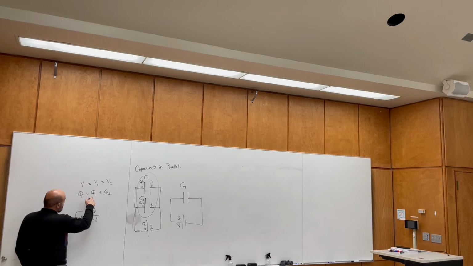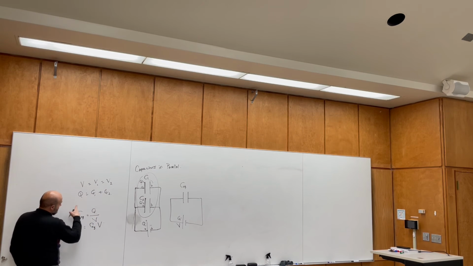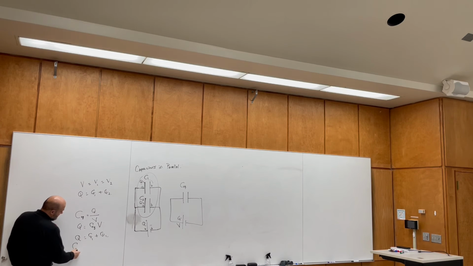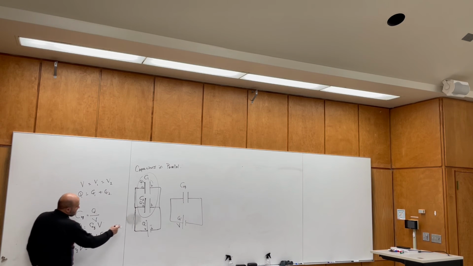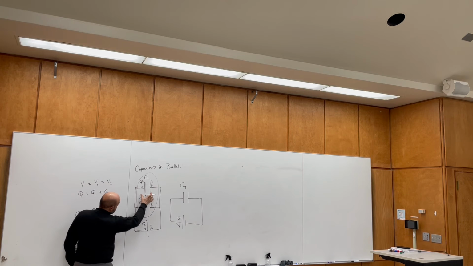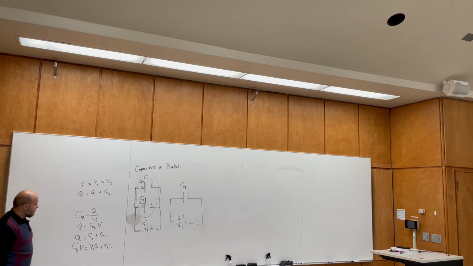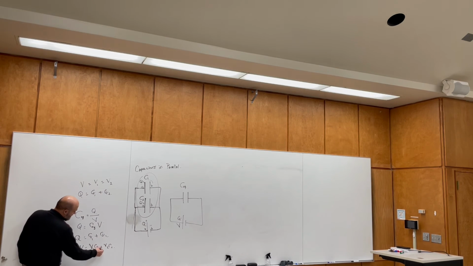And since Q is Q1 plus Q2, and Q is C equivalent times the voltage, so Q equals Q1 plus Q2, but Q is C equivalent times voltage. Q1, if the voltage here is V, which is the same, or V1, Q1 is V1 C1. And this one is V2 C2. But V equals V1 equals V2.